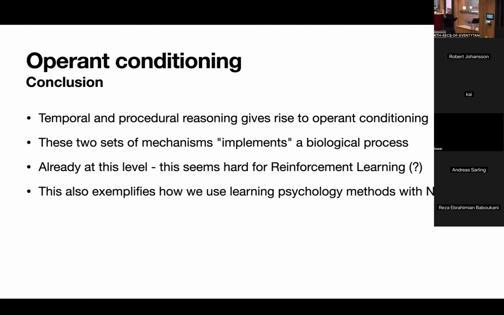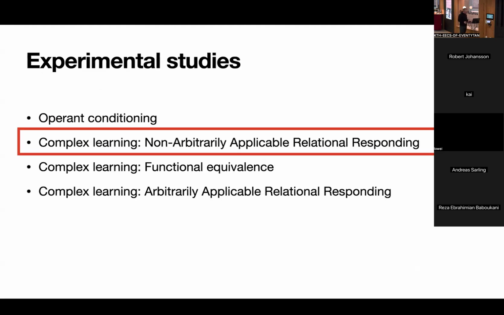And I'm not an expert at all in reinforcement learning, but given my understanding already at this stage, it is quite hard for a reinforcement learning system to describe a utility function, or whatever that can be, that can be something else in the middle of the task. But I think this task also exemplifies how we can use this procedural setup from learning psychology with a system like NARS.